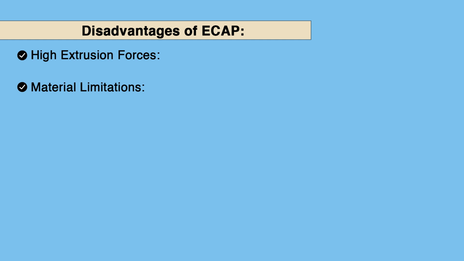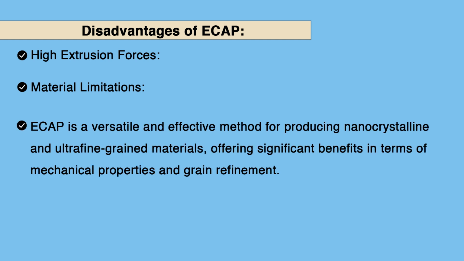Material limitation: ECAP is more suited for technologically plastic materials, and it may be less effective for materials that are not easily deformed. ECAP is a versatile and effective method for producing nanocrystalline and ultra-fine grain materials, offering significant benefits in terms of mechanical properties and grain refinement.